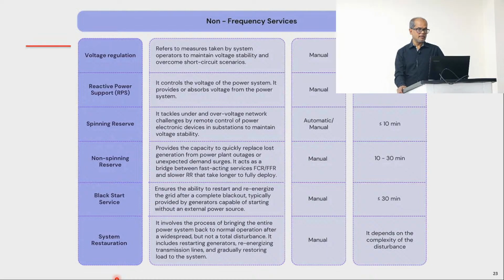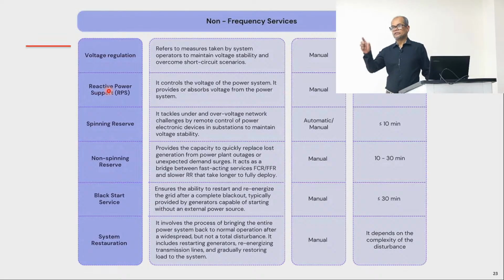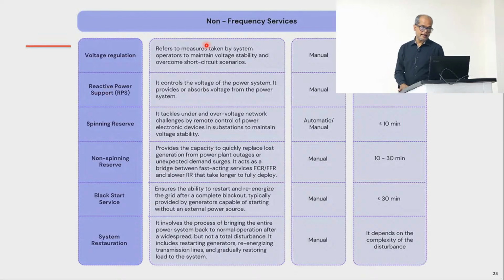If it occurs, we have to make sure of the balance. For frequency, it is demand and generation, meaning real power generation and real power demand. But for voltage, it is reactive power supply and reactive power demand. If these two are equal, then your voltage is stable.